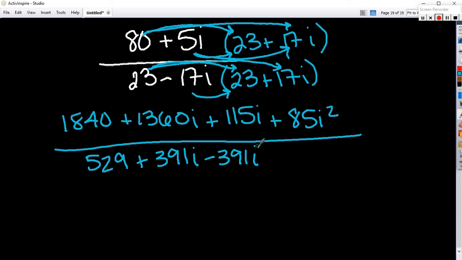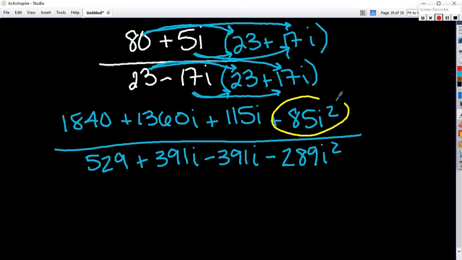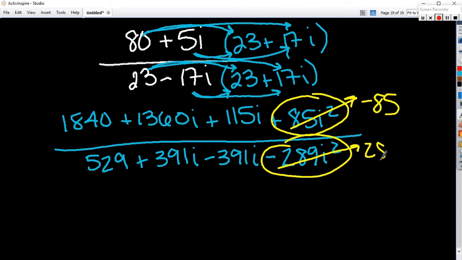It's the same thing. Negative 17i times 17i. 17 times 17 is 289. i squared. Let's change all our i squareds. Negative 85 and positive 289.